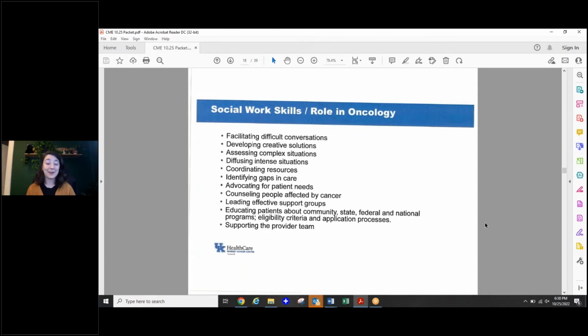We can offer counseling services to patients and caregivers. We can offer education to patients about different resources and support, whether it be on the community level all the way up to the national level, and then supporting our providers and the multidisciplinary team as well. Next slide.